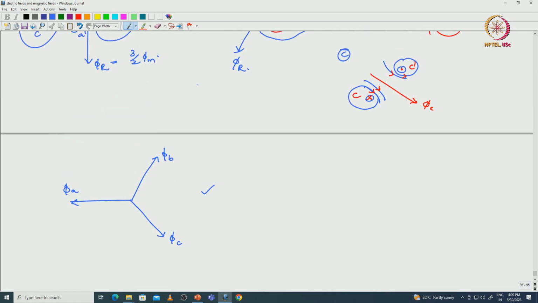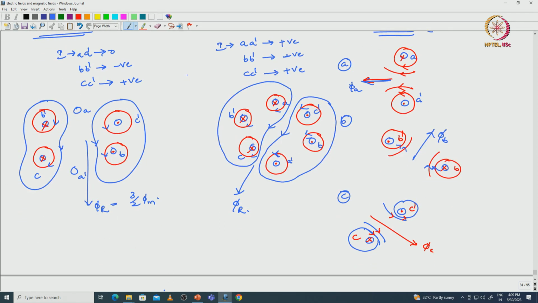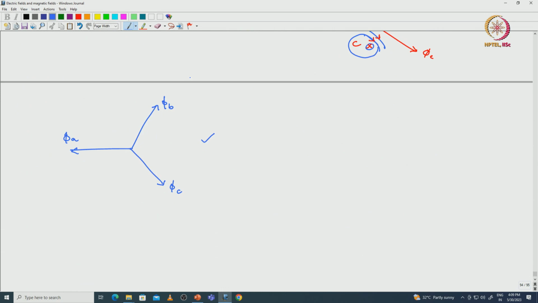For omega t equals 30 degrees, we can see that A dash is positive and B dash is negative, this is phi A, and B dash is negative means we have to reverse it, this is phi B, and phi C is in the same direction because of the positive current. So do the addition of these 3 vectors, then you will get phi R equals 3 by 2 phi m.